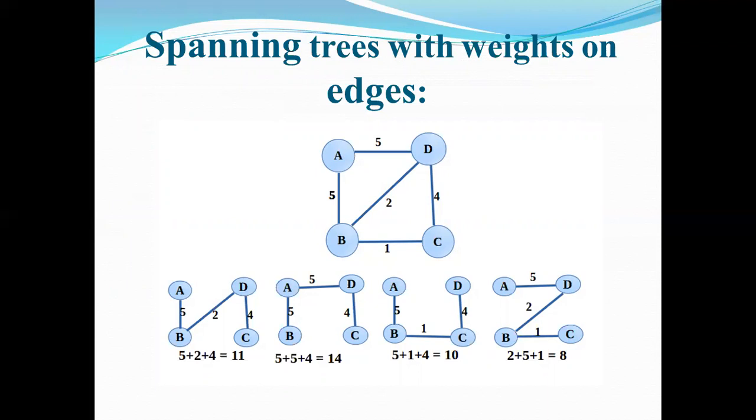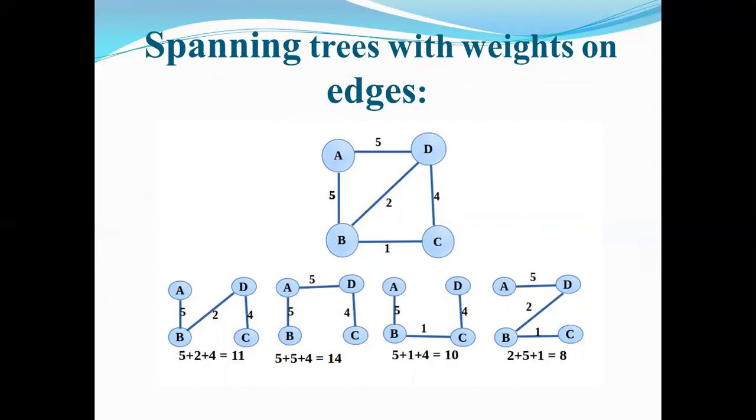Out of these spanning trees, we can easily say which is minimum. Suppose we take a graph with four vertices. There are 5 edges. This is not complete, because the C to A edge also must be there, otherwise we cannot treat it as a complete connected graph. If the C to A edge is also there, then each vertex has a direct connection with all the remaining vertices.